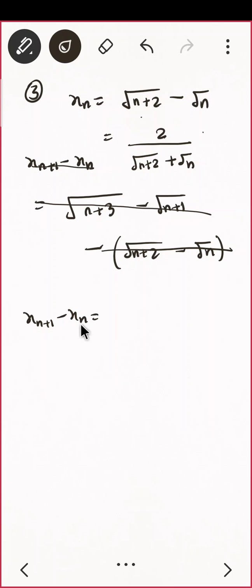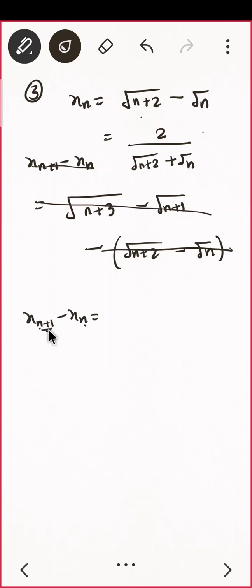Xn plus 1 minus xn. Or I'll tell you one more trick here. See, it is not necessary that you are having n plus 1. N plus 1 is not a special one. You should consider यहाँ पे n है तो यहाँ पे कोई भी number which is bigger than n.